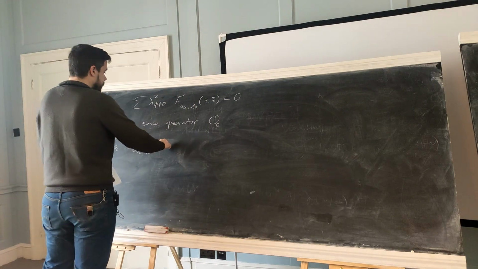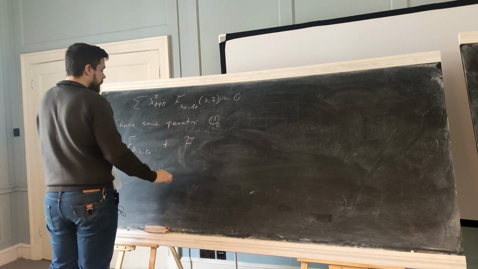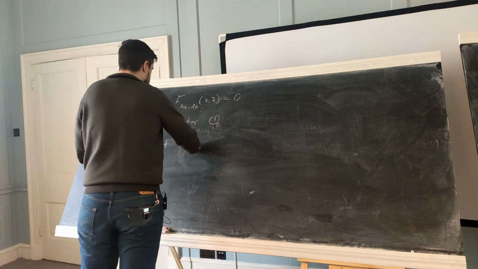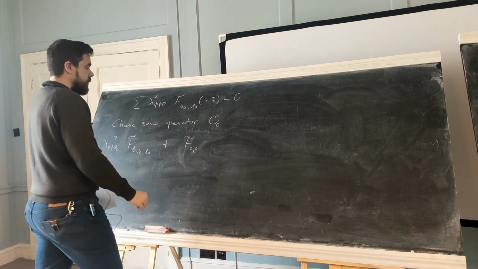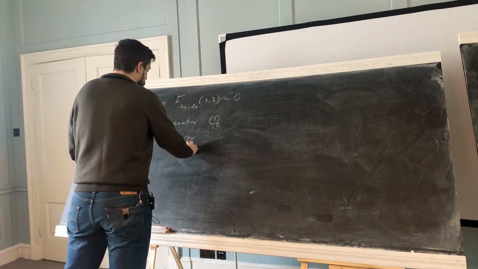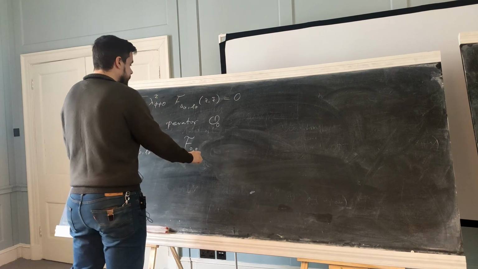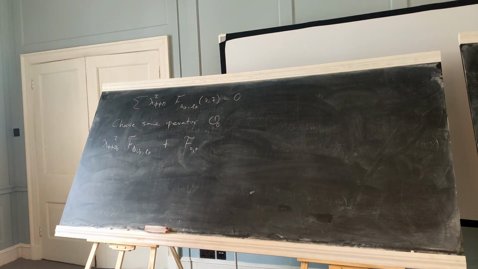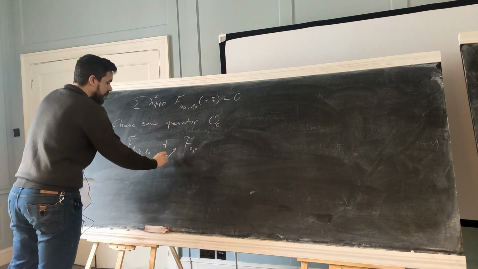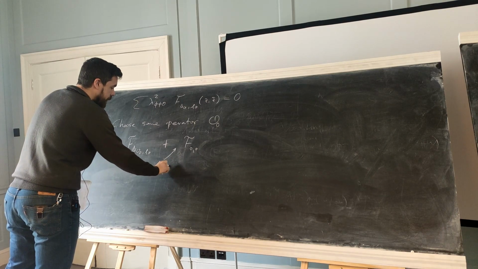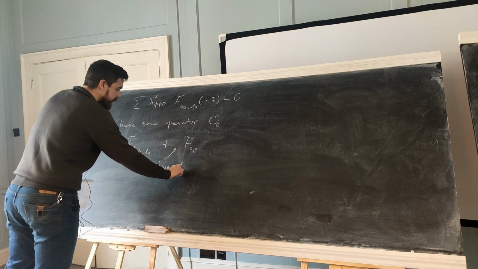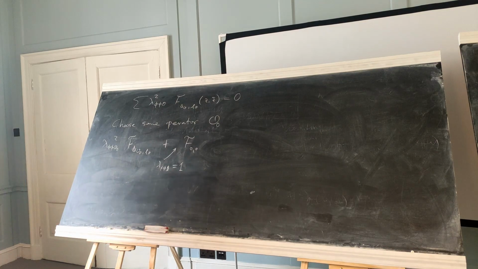I'm going to keep also the identity, which has delta and L equal to 0, and I will normalize the OPE coefficient of the identity to be equal to 1. There was a lambda phi 1 here, but I'm going to set that equal to 1 just by normalizing the operators.